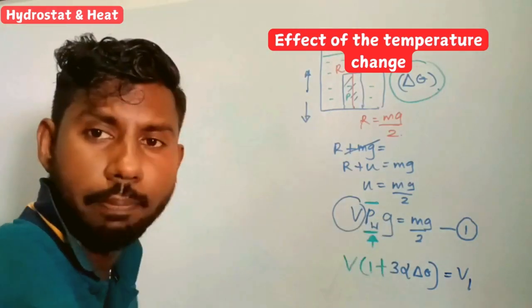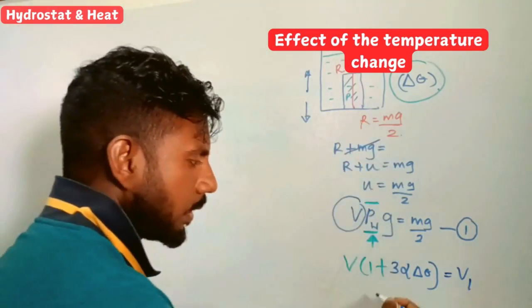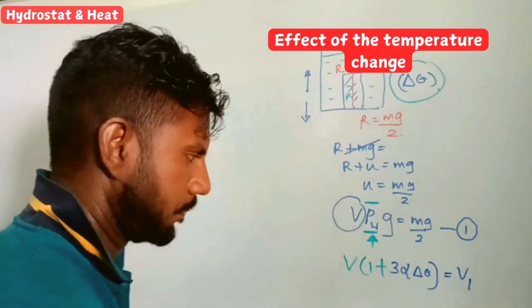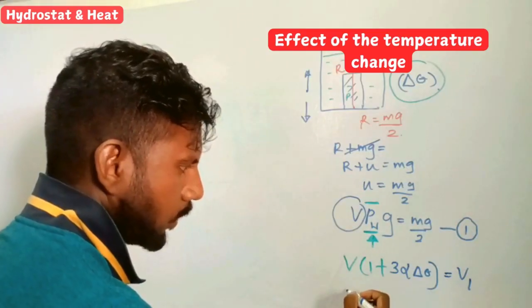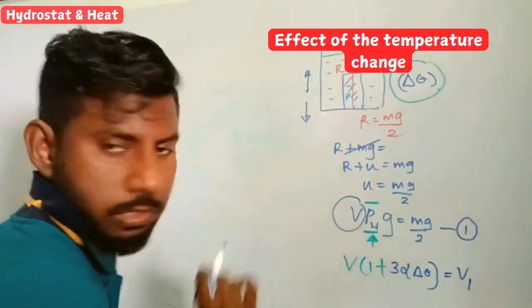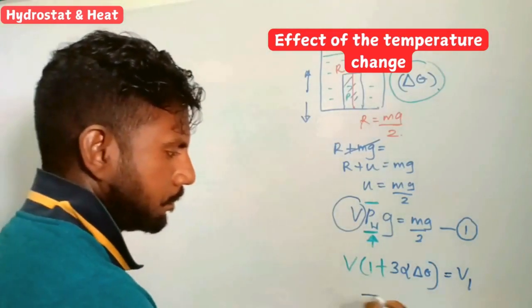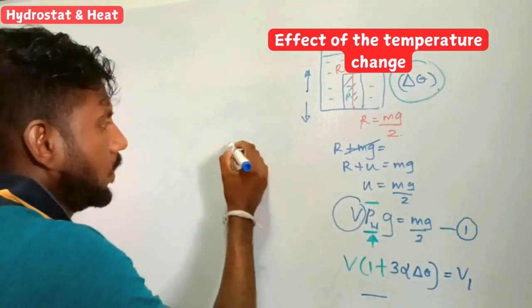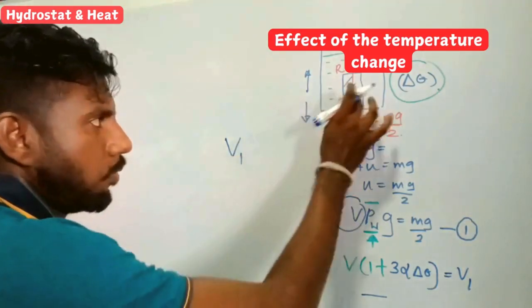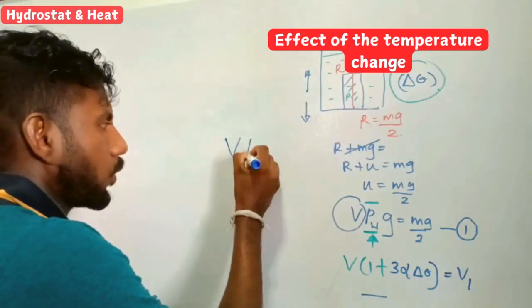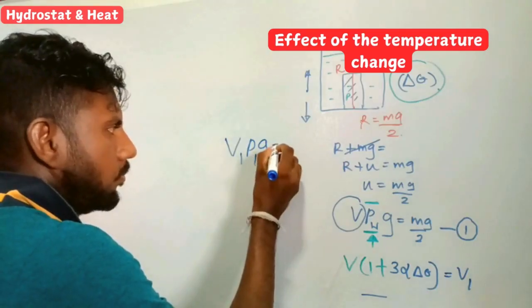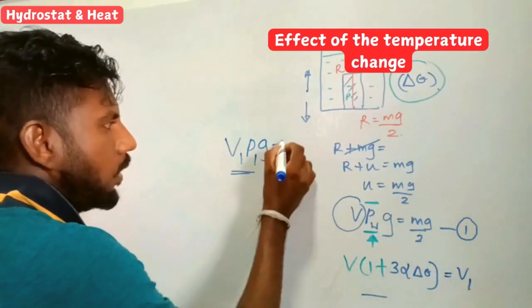Then what happens to the density? Let's say the density becomes rho 1. So the final upthrust in the second situation is V1, the final volume of the block, into rho 1, density of liquid, and g, which is equal to mg.